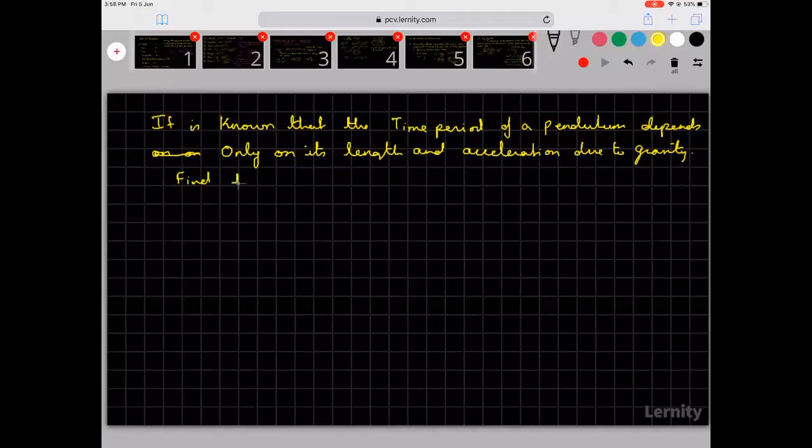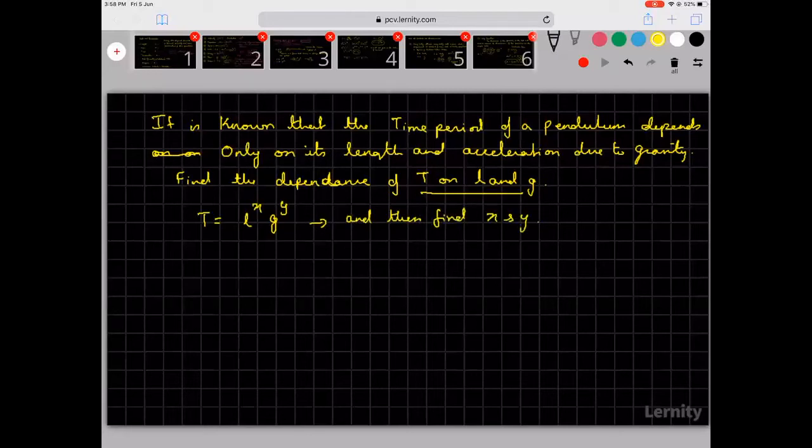Find the dependence of T on L and G. That means you have to find out the formula. So you say T is equal to L power X, G power Y, and find out what X and Y are.